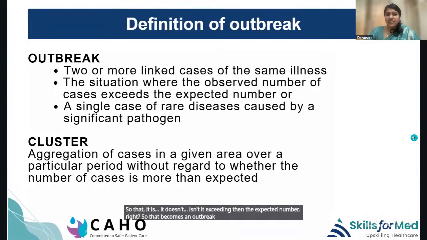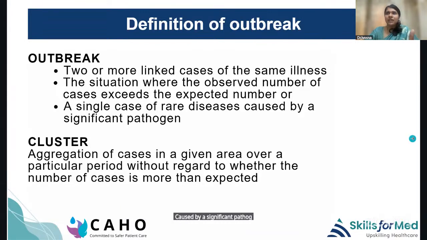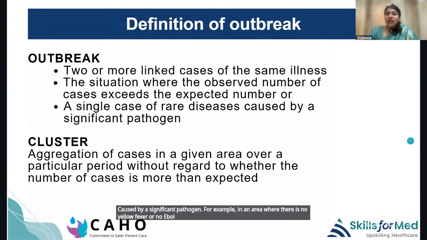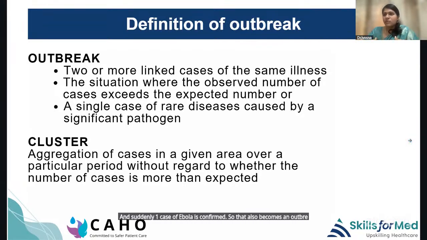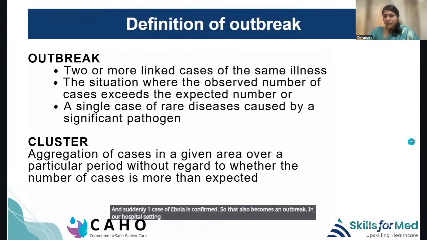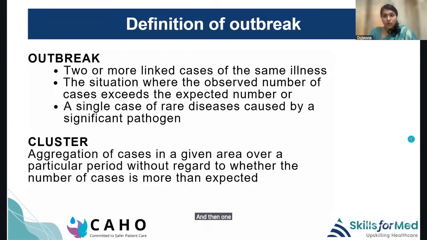Or a single case of a rare disease caused by a significant pathogen. For example, in an area where there is no yellow fever or no Ebola, and suddenly one case of Ebola is confirmed. So that also becomes an outbreak. In our hospital setting, for example, in your MICU, you have had no case of MRSA in the last 6 months, and then one MRSA case pops up, and then another in the next 2 or 3 days.